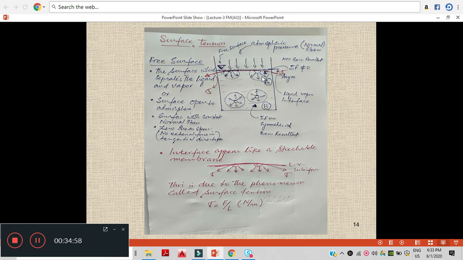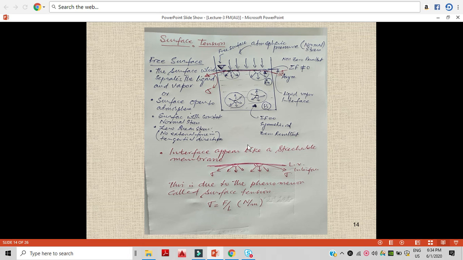Because of that there is a pull acting downward, so we can say that all the molecules on the liquid surface experience a net inward pull. Because of this there is a tension on the surface, which is known as the surface tension.